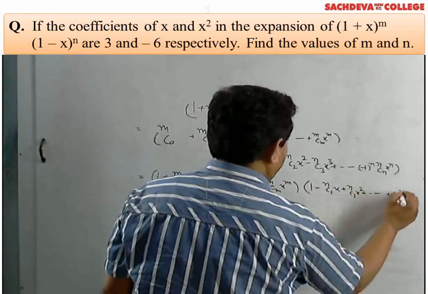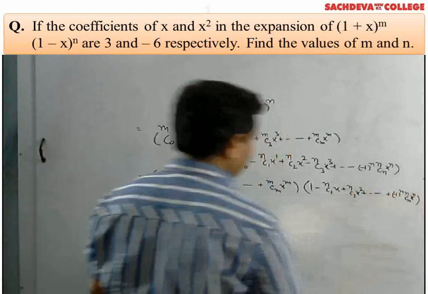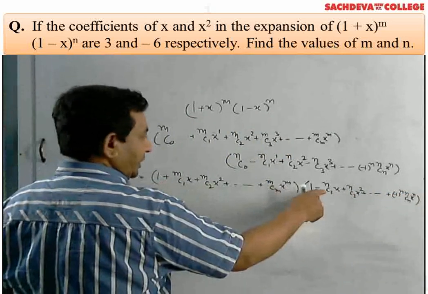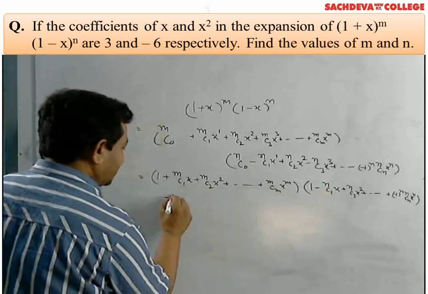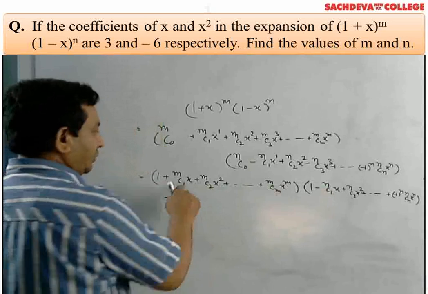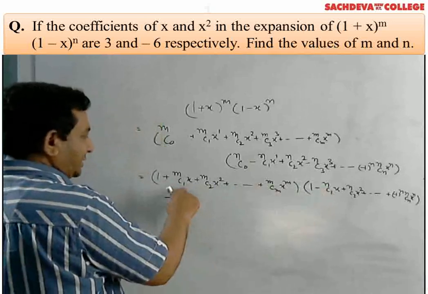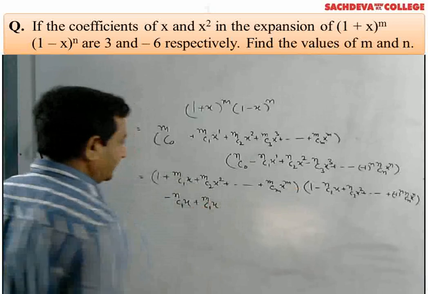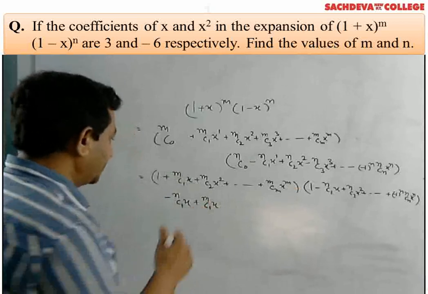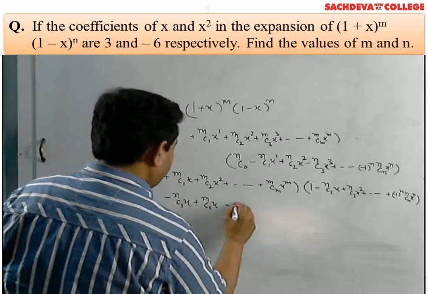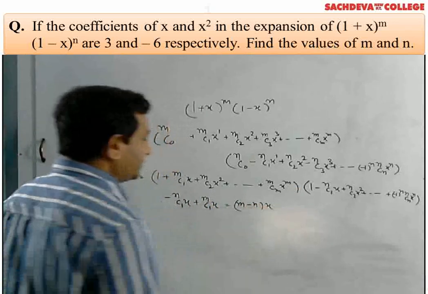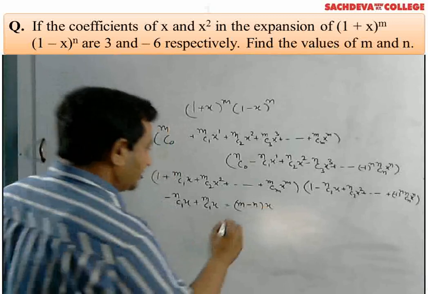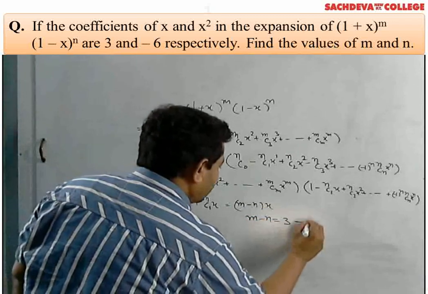So the coefficient of x in this expansion is 1 into minus nC1, it means minus nC1, and if you multiply mC1 x by 1, then we find mC1. The coefficient of x in this expansion will be m minus n, because given that the coefficient of x is 3, it means m minus n is equal to 3. This is equation number 1.